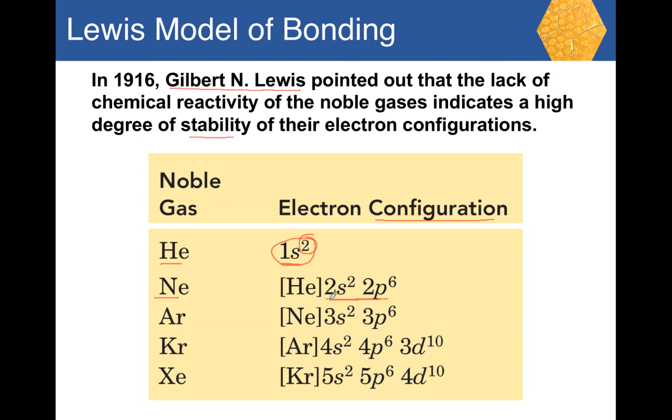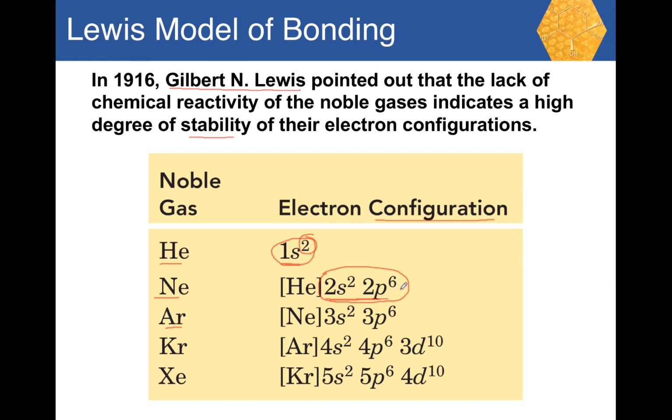Remember, the outer shell here has the same quantum number, or the valence shell. That's another term that we use for outer shell, the valence shell. So you notice that it's full, because if there were another electron, it would not go into any of these orbitals here, but into the 3s. But the bottom line is it's full. The same here for argon.